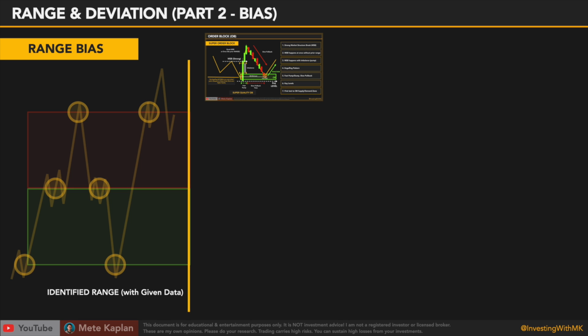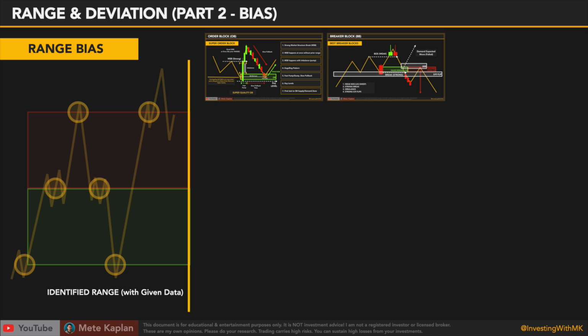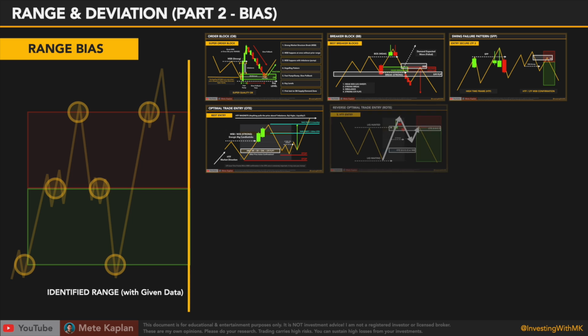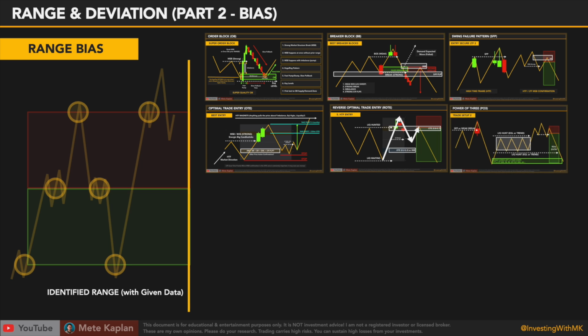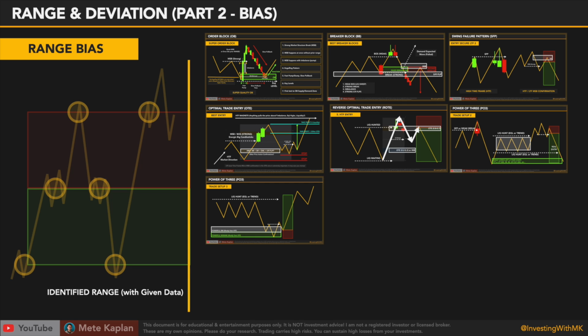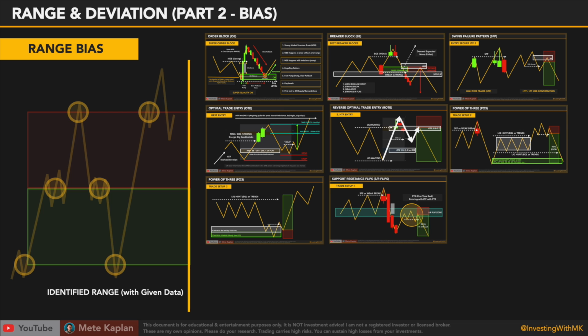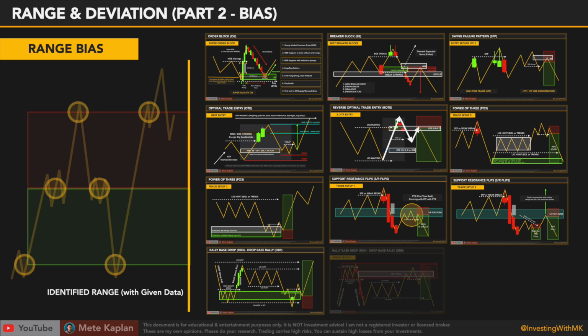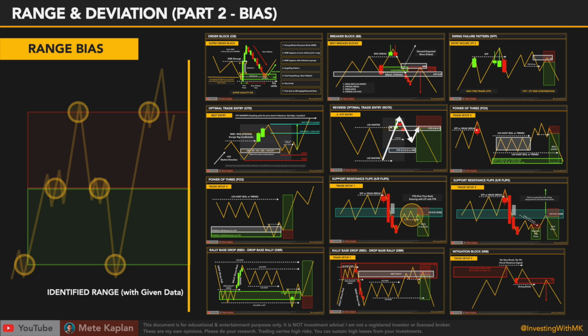So you can look for order block trading setups, breaker blocks, swing failure based trading setups, which are one of my favorites, optimal trade entries or reverse optimal trade entries, power of 3, support resistance flips, rally based rally, drop based drop, mitigation blocks, any trading setup that you love. You already know all these trading setups.